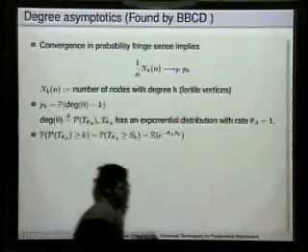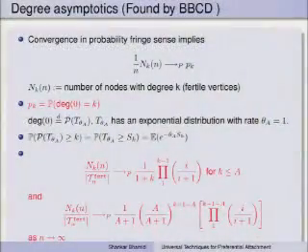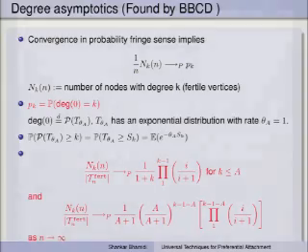And this is just a formula for the exponential random variable. If you go through the computations, you derive the degree distribution. So this converges in probability to these constants. The only mistake here is that there should be a k. Right.